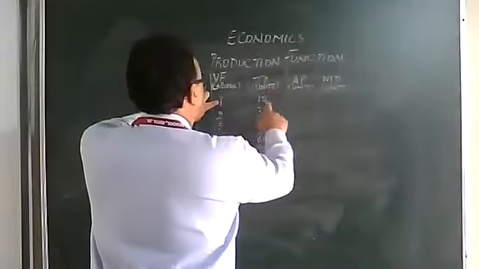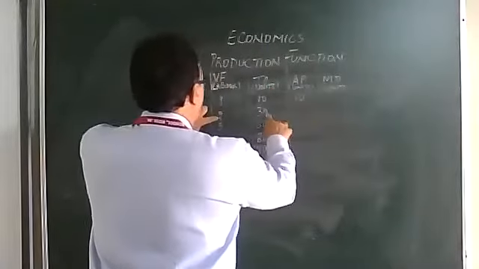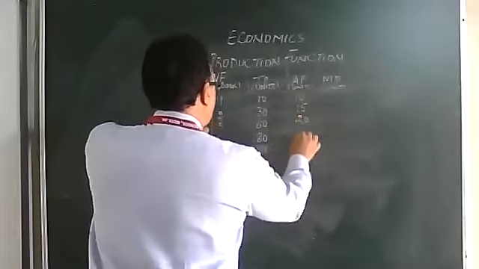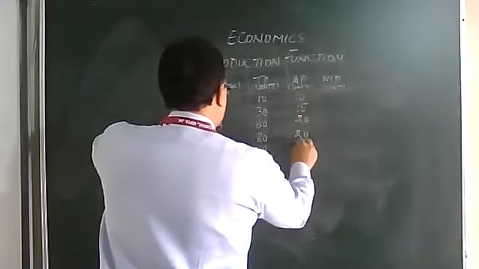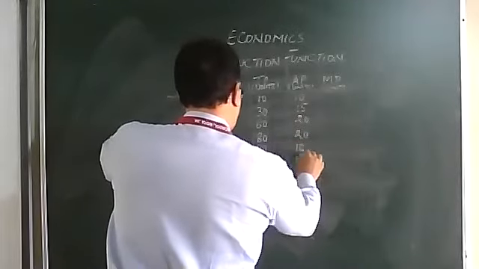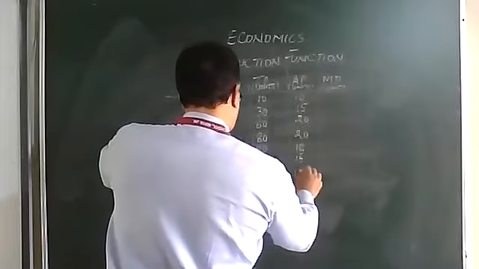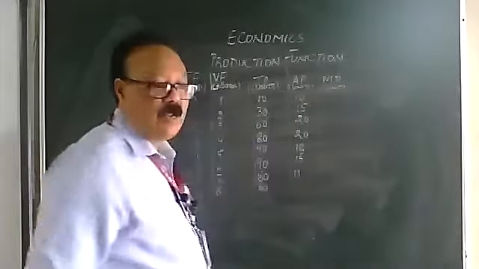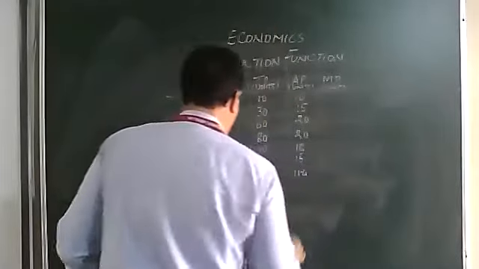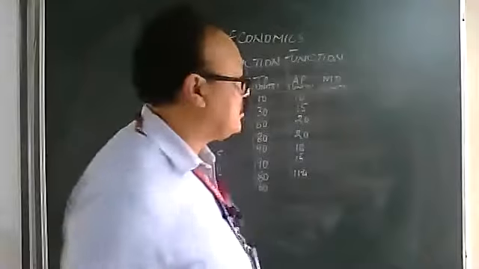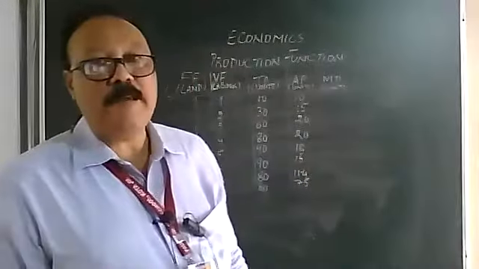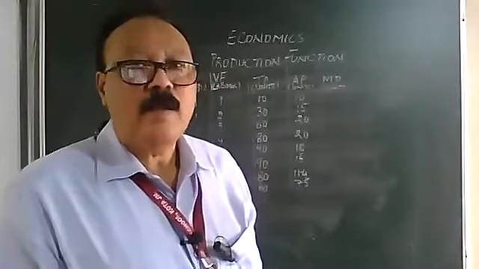TP divided by 1: 10 divided by 1 is 10. 30 divided by 2 is 15. 60 divided by 3 is 20. 80 divided by 4 is 20. 90 divided by 5 is 18. 90 divided by 6 is 15. Then 80 divided by 7 is 11.4, and 60 divided by 8 is 7.5.